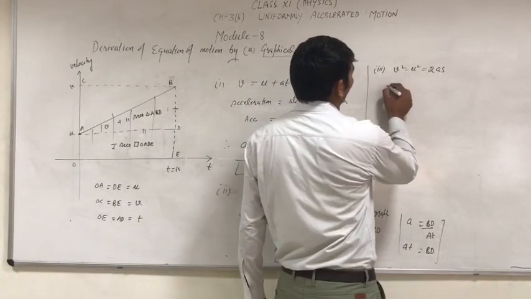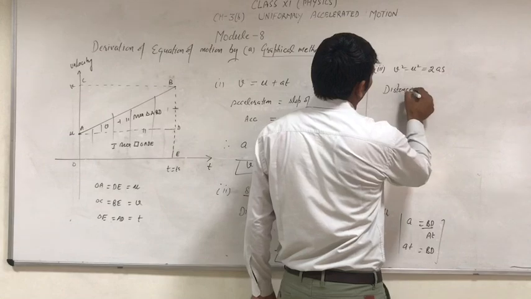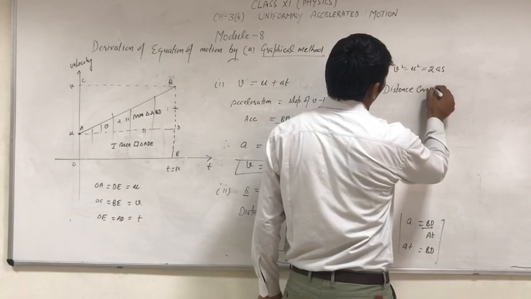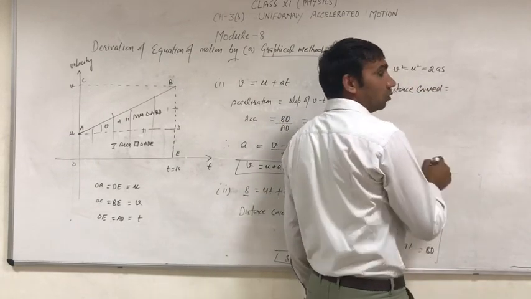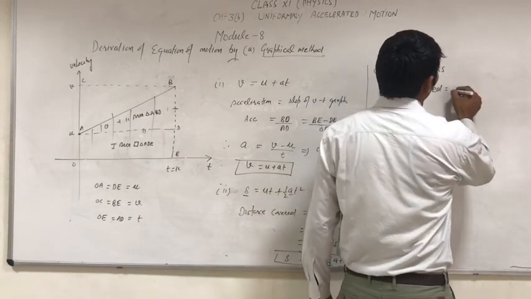So distance covered is equal to the area of trapezium.